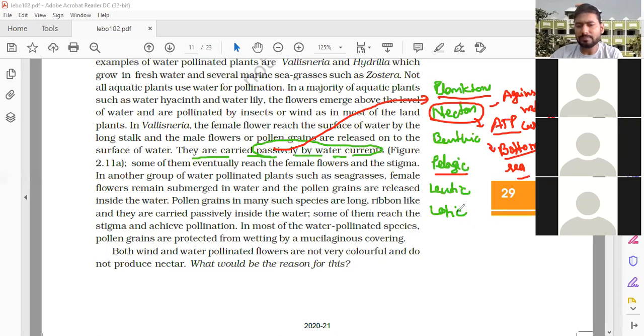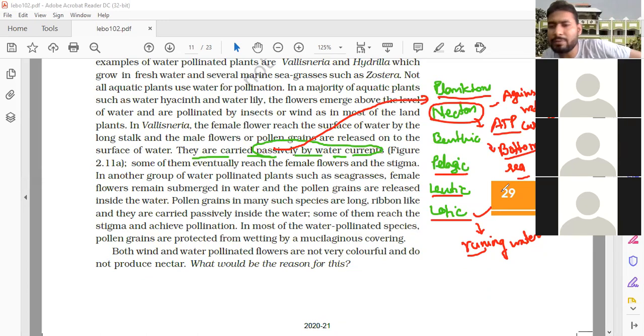Lentic and lotic. Lotic means it is only found in running water. Running water means, suppose, a river. Lotic means those plants or animals found in running water like river, sea, some big canal, and some lake, lagoon.